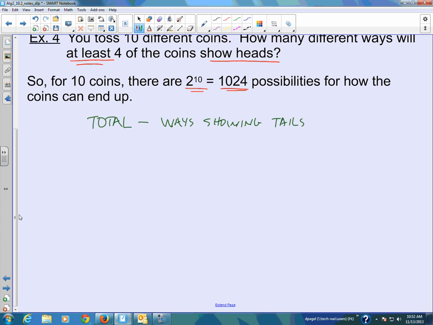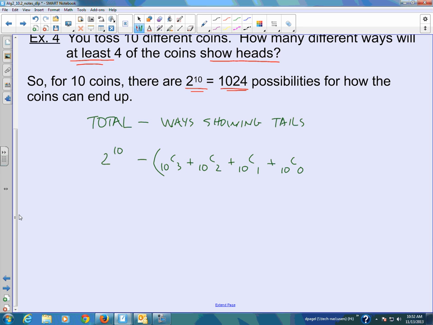So we have our 2 to the 10th, and then now, how many ways can I show tails? Well, 4, 5, 6, 7, 8, 9, or 10 of them would be heads. That would mean out of the 10, we have 3 of them that could be tails, or there could be 2 of them that could be tails, or there could be 1, or none that are tails.